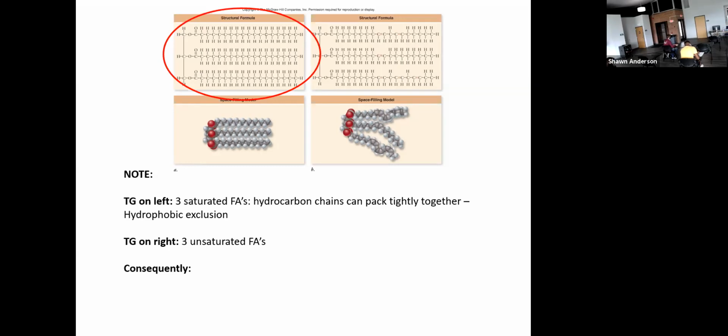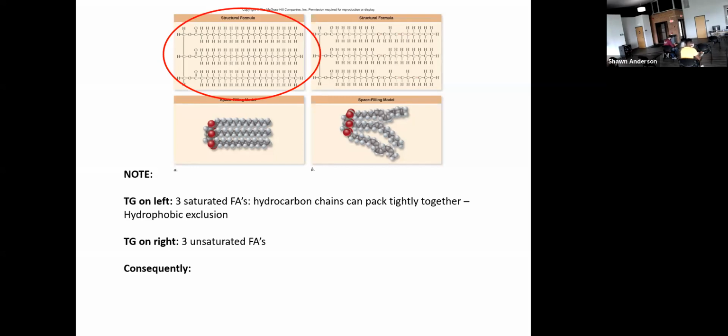On the right, we see that these three fatty acids are all unsaturated. They all have at least one double bond. And what we see is that when they have a double bond, it creates a kink in the chain. Notice the kinks. So, these three, they are hydrocarbons.